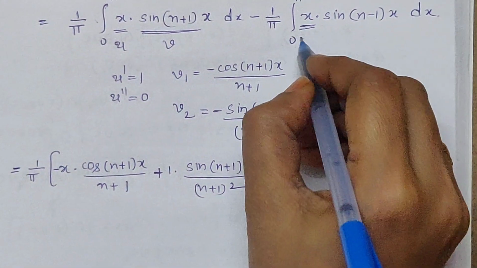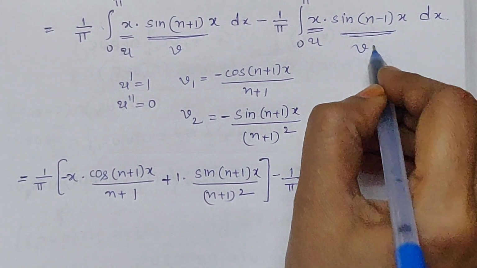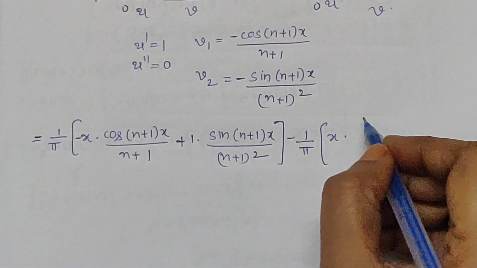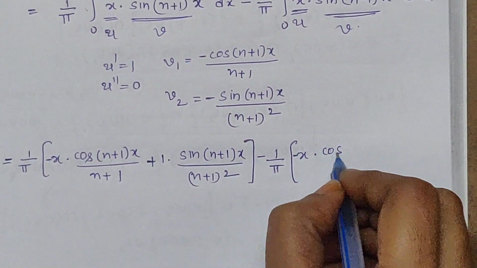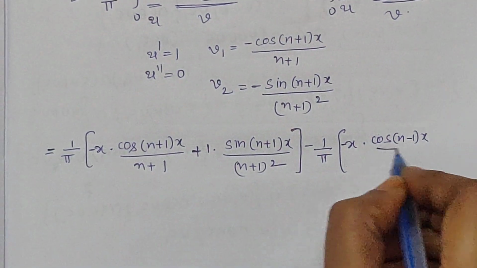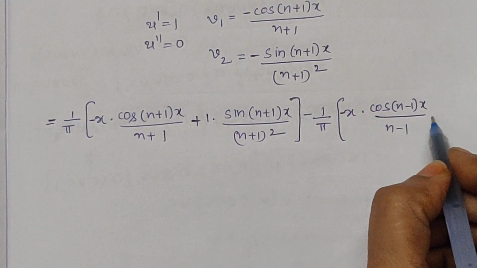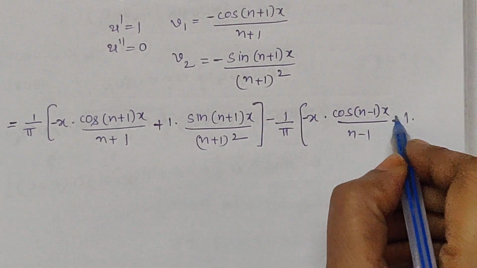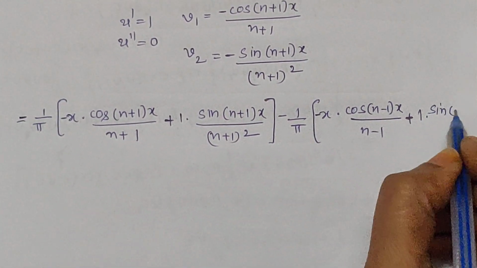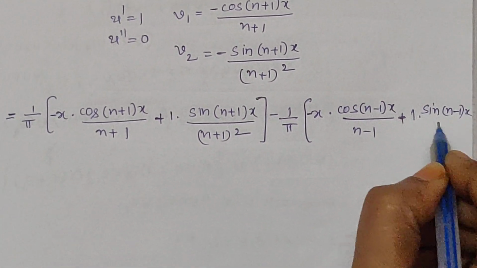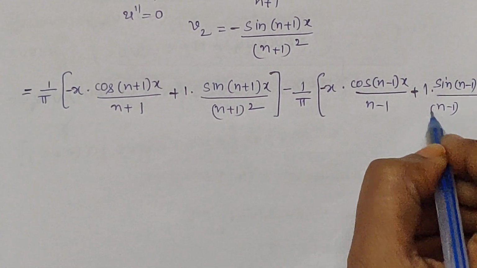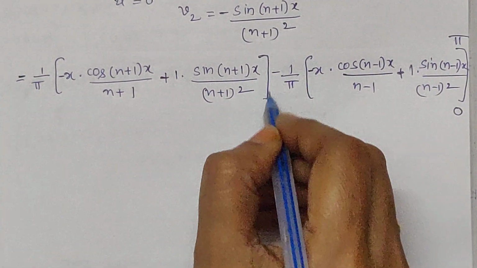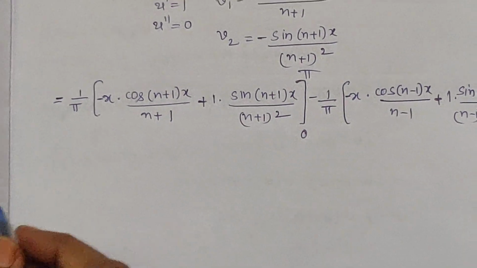Again here also this is u and v, this is uv1, u is x, v1 is minus cos((n-1)x)/(n-1), minus u'v2, v2 means sin((n-1)x)/(n-1) whole square. Limits are from 0 to pi, here also limits 0 to pi.